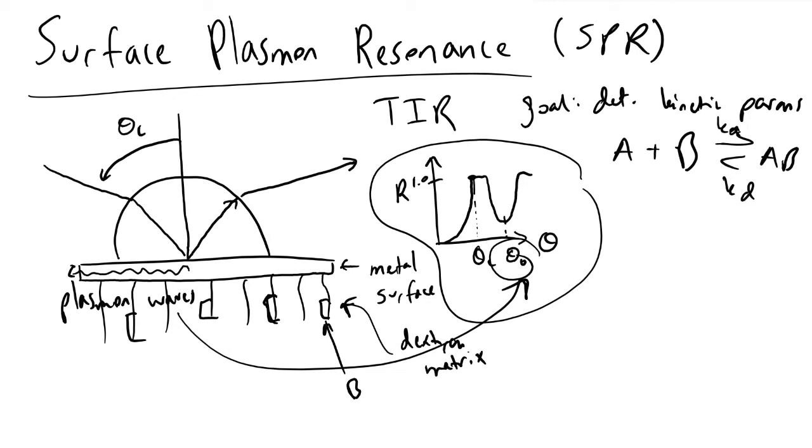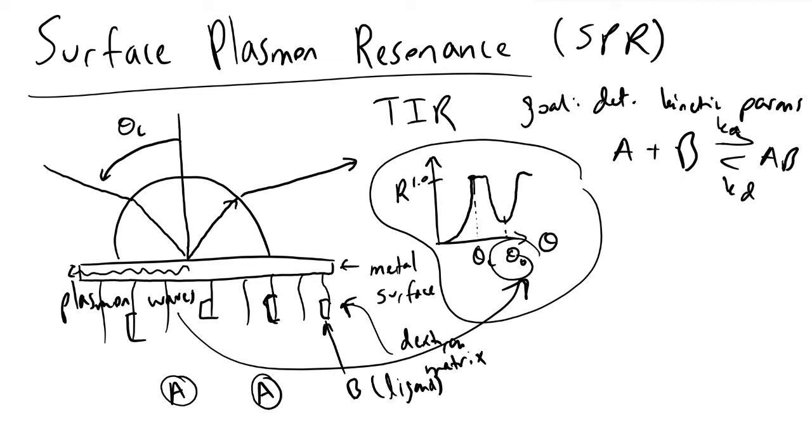What we do in the labs is we will expose the dextran matrix with the ligand attached to various concentrations of our analyte A. So we'll have A floating around in solution at varying concentrations.